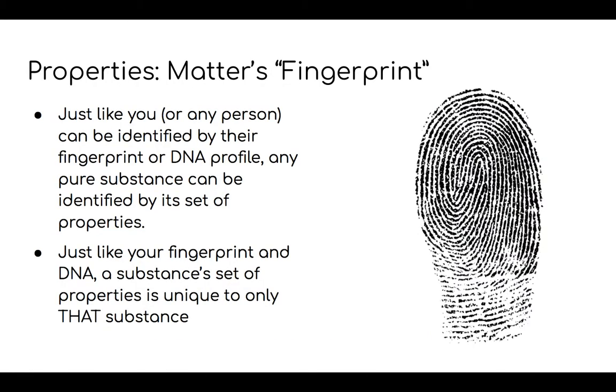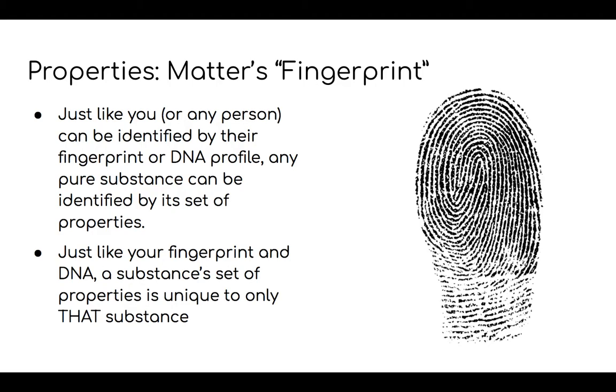So if we think about a fingerprint for a person, we can compare that to the properties of a substance. So any person in the universe, you or anyone else, can be identified by their fingerprint or their DNA profile. Just like a substance can be identified by its properties.